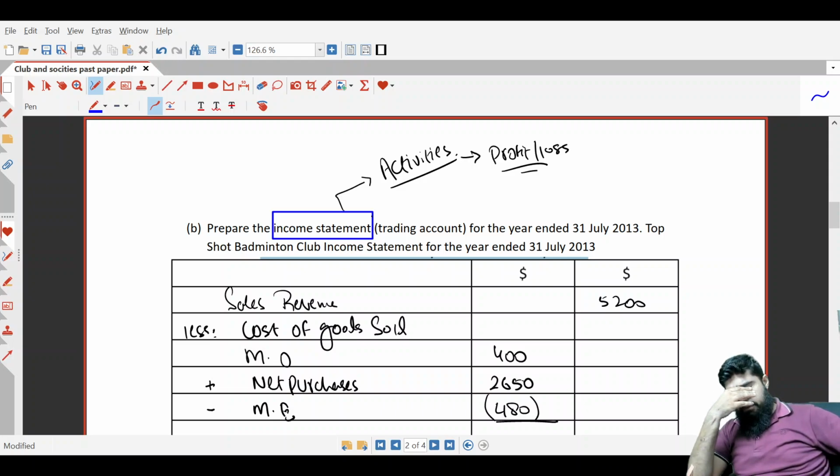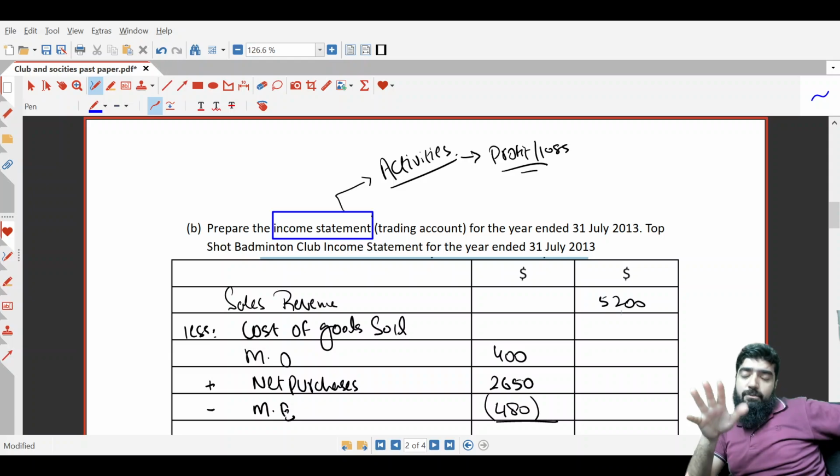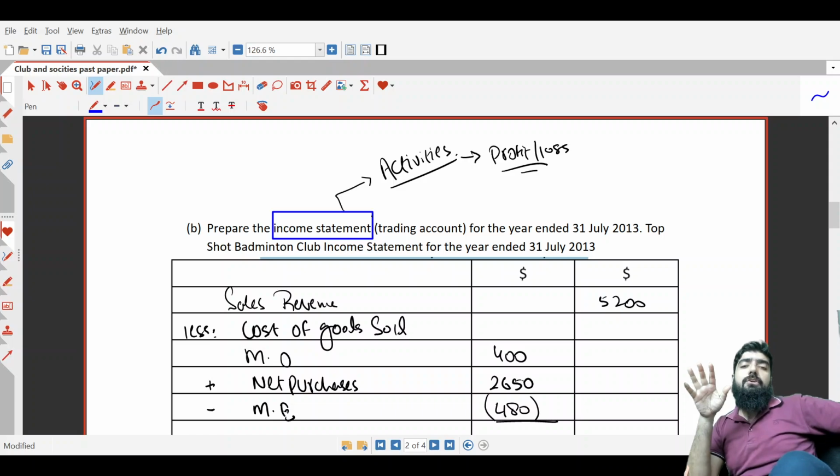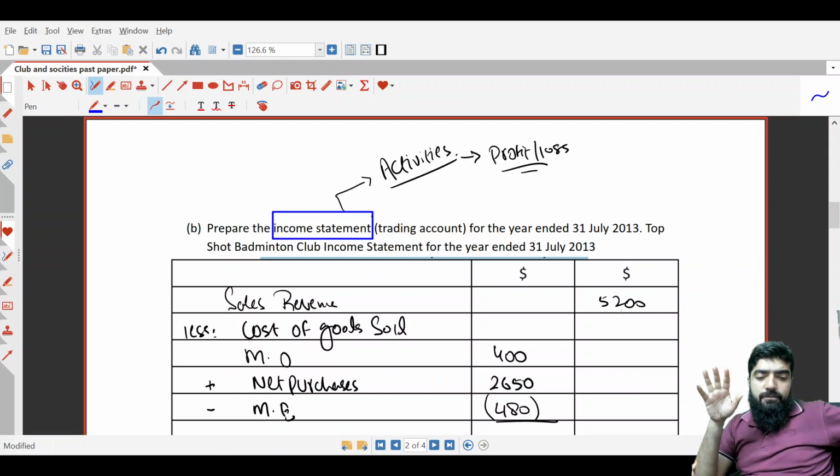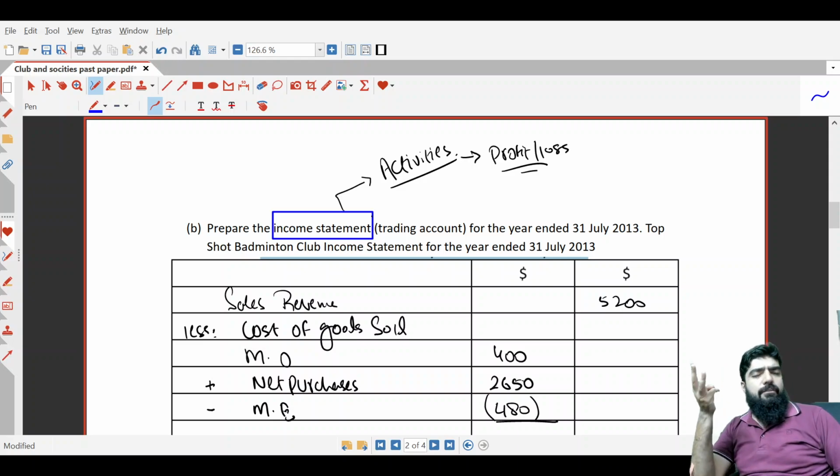Okay, sir. Any confusion in this chapter? So far you haven't practiced it, so there might be some confusion, but once you start to practice, inshallah, the confusions will be resolved, or if there is any concern or query, do let me know. This was the maximum requirement from this chapter. Basically, three requirements are being tested.